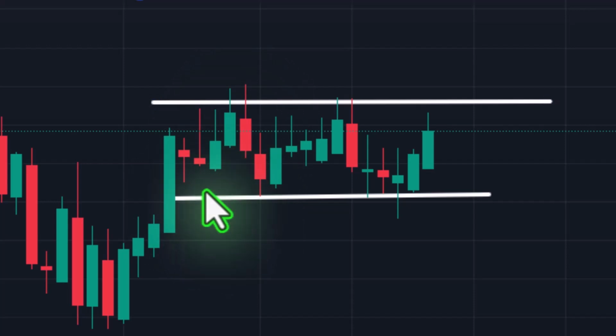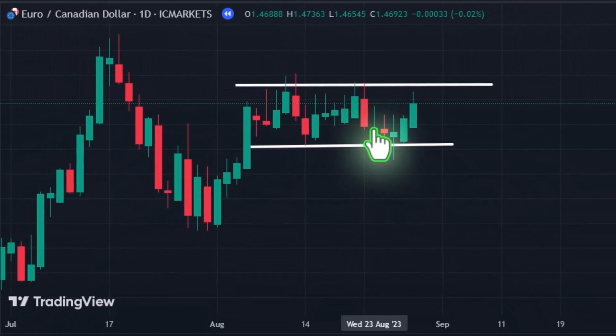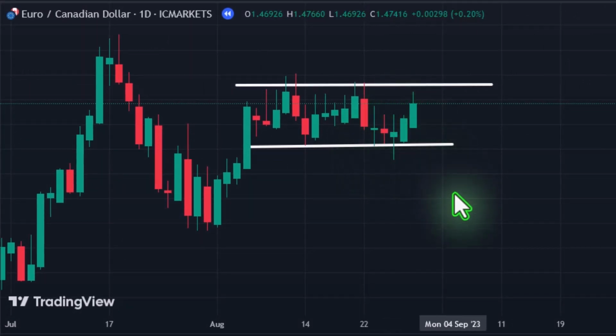This is the daily chart of Euro Canadian dollar. And if you go down to a lower time frame, you can find a good setup which you can trade within this range. But as it is, if we are trading this, then we should be watching out for a breakout, and it should be a breakout to the downside.